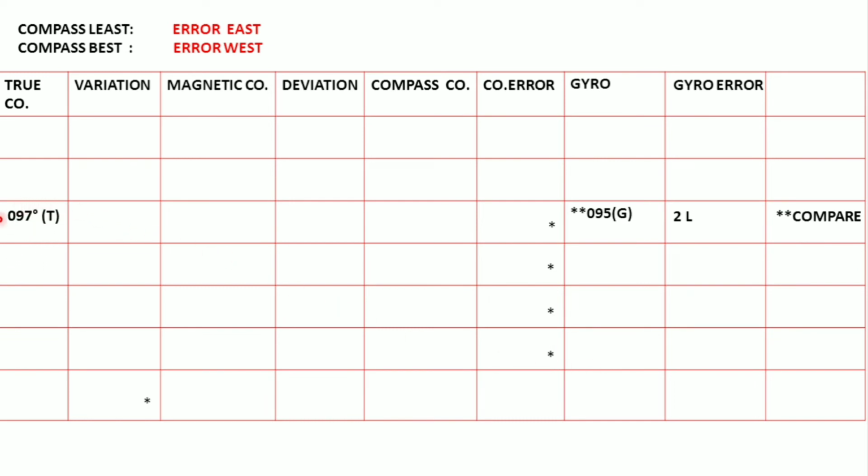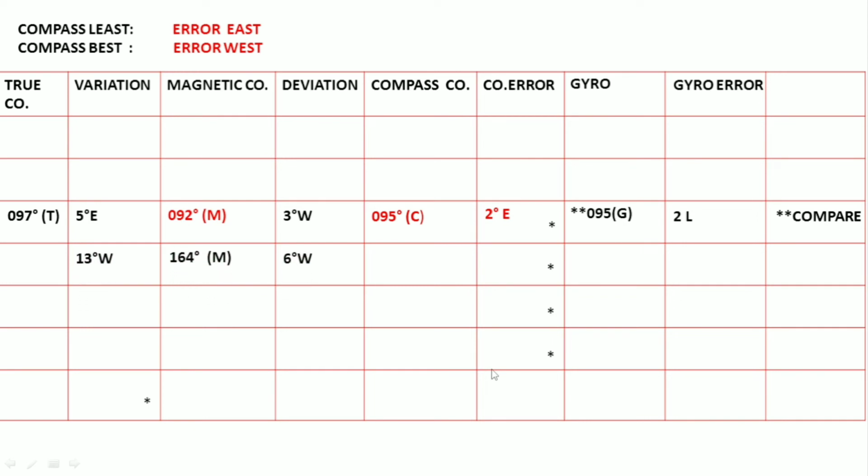When he has seen that my true course is 0.97, he'll get the value of compass course. And the angle between these two is your compass error. And compass is least, error is east. So error will be 2 degrees east. And then he can get the value of variation from the chart and do the needful for finding out the variation, deviation.